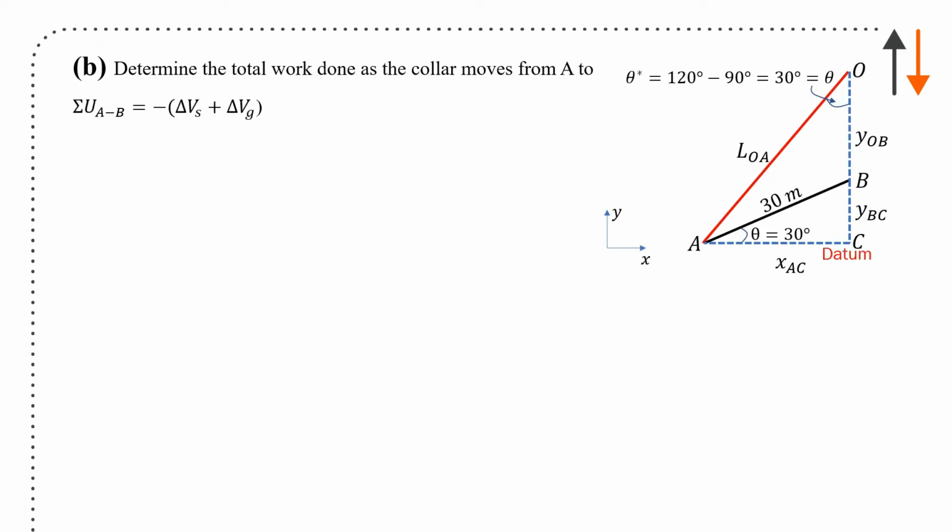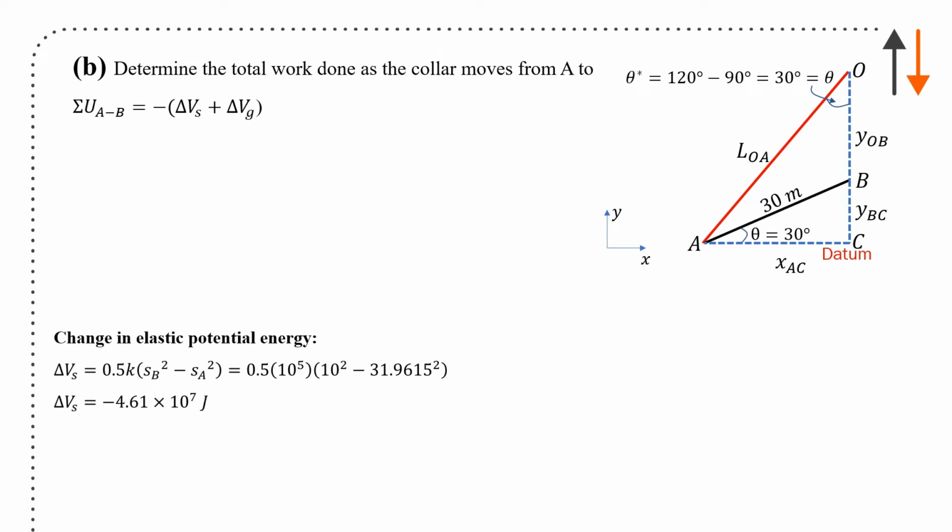We can calculate the work done. Work done is the difference in potential energy. So moves from point A to point B. Work from A to B is just going to be the negative delta Vs plus delta Vg. You're using T1 plus V1 plus work from A to B equals T2 plus V2. You can change that to delta. And you can calculate the change in potential energies for the spring at the beginning and the end.